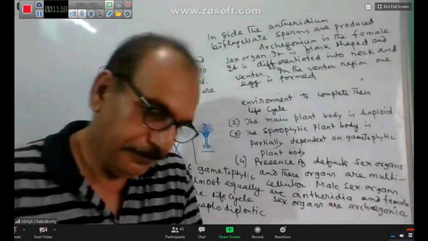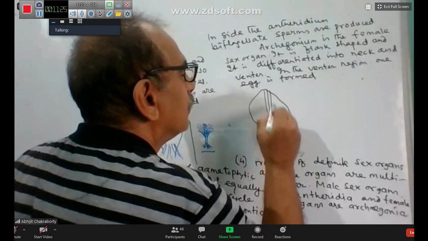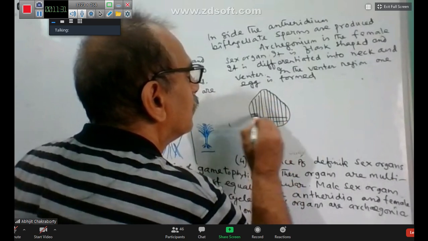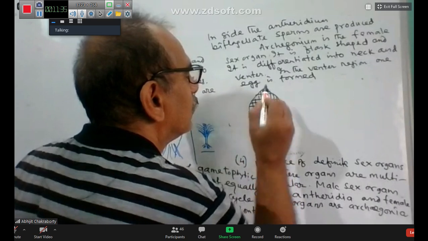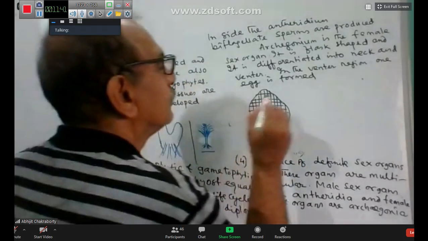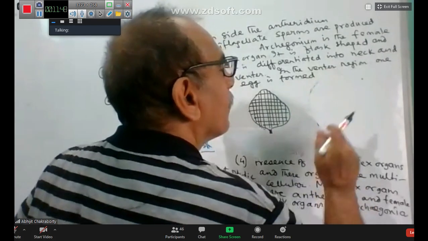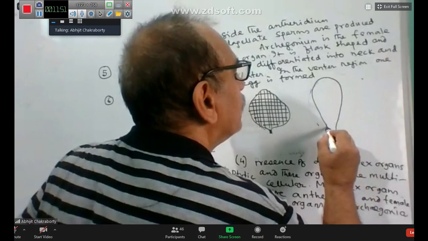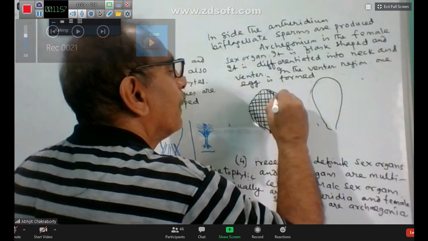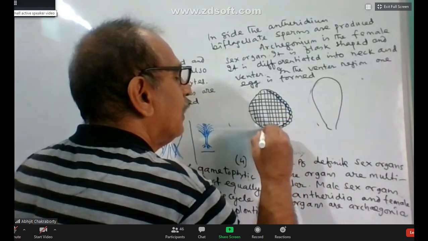Okay, I'm showing you now. Maybe this shape, or sometimes maybe this shape. And everywhere you will get a wall, which is also called a jacket, around both antheridium and archegonium.